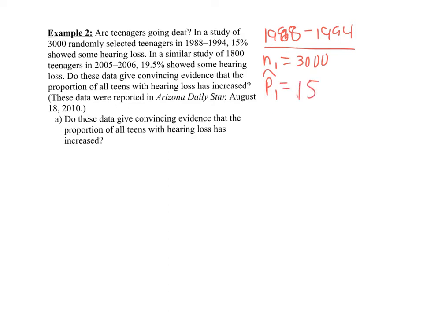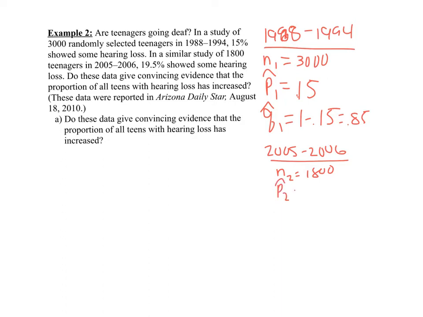I'm going to call my 1 minus P1 hat Q1 hat, and that's going to be 0.85. Then I'm going to do the same thing for the other sample. It's a good idea to keep things organized, because there are a lot of numbers in this problem. I'm going to call the 2005 to 2006 sample N2 and P hat 2, and so on.